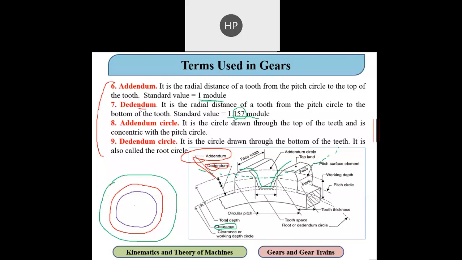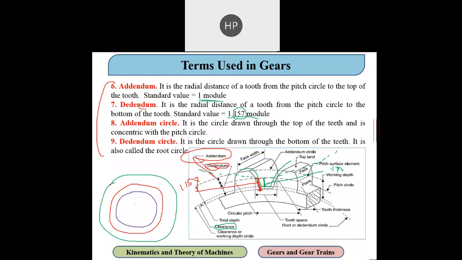The addendum of gear 2 will be 1 module, so it will be this distance. While at the same time, the dedendum of gear 1 will be this one. The dedendum of the gear will be this one, which means 1.157, while the addendum of gear 2, this distance, will be only 1 module.